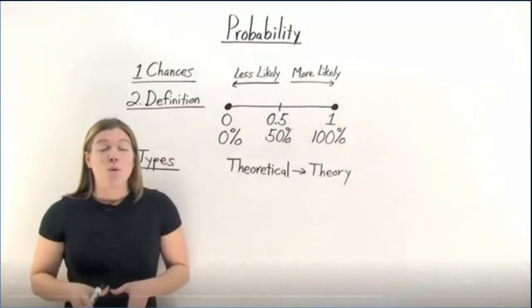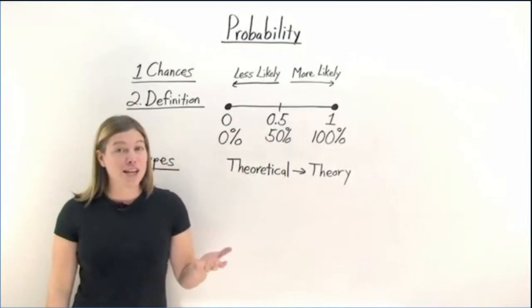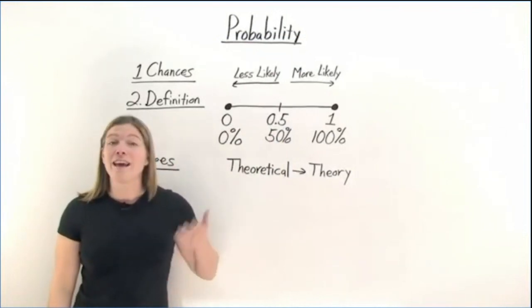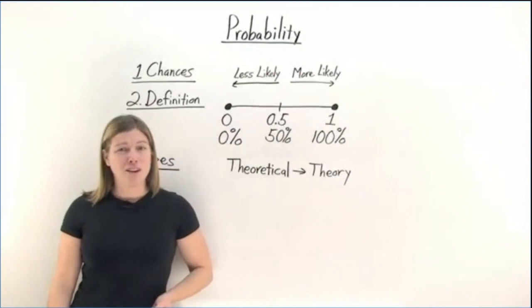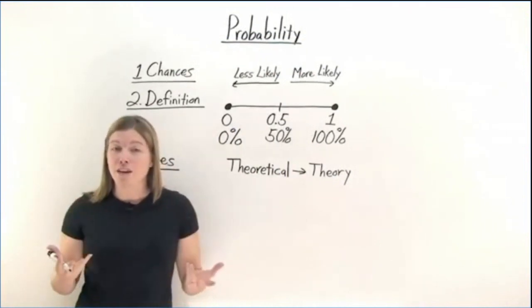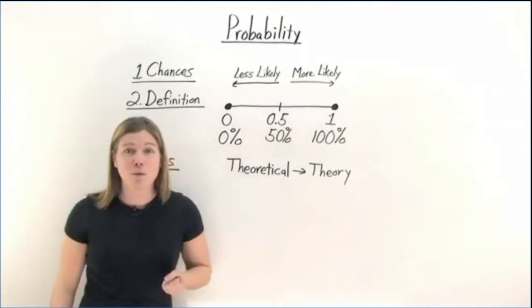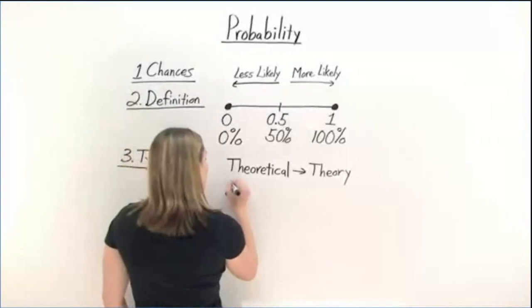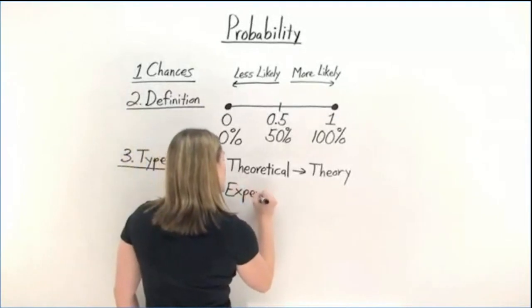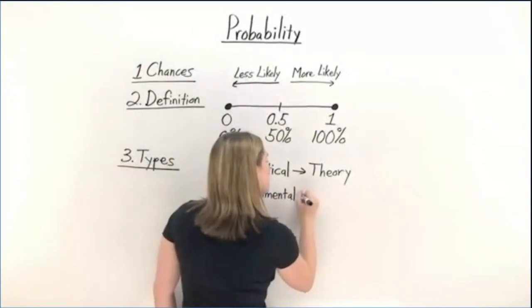So in theory, we should get heads half the time when we flip a coin. So if we flip a coin 10 times, we should get heads half the time. But we know that that's not always true. If we actually go out and perform that experiment, we may not get heads half the time every time that we perform that experiment. In that case, we're actually dealing with experimental probability.